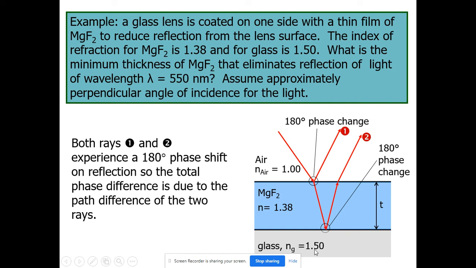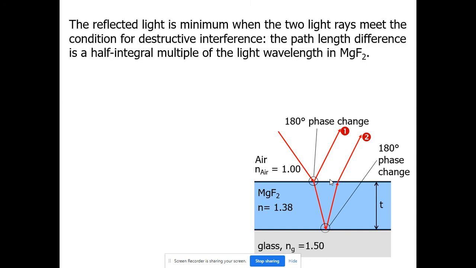If there were no glass, just air, then we would have to consider the phase change due to reflection. But here there is no need to consider the phase difference due to reflection. So the reflected light is minimum when the two rays, 1 and 2, meet the condition for destructive interference. So the path length difference is a half integer multiple.